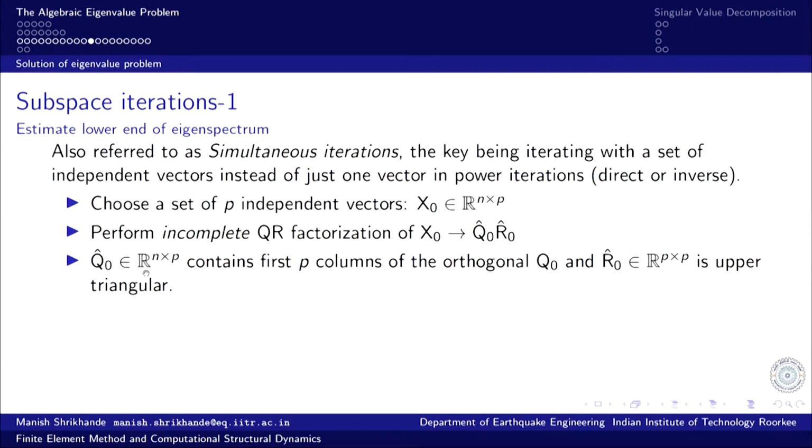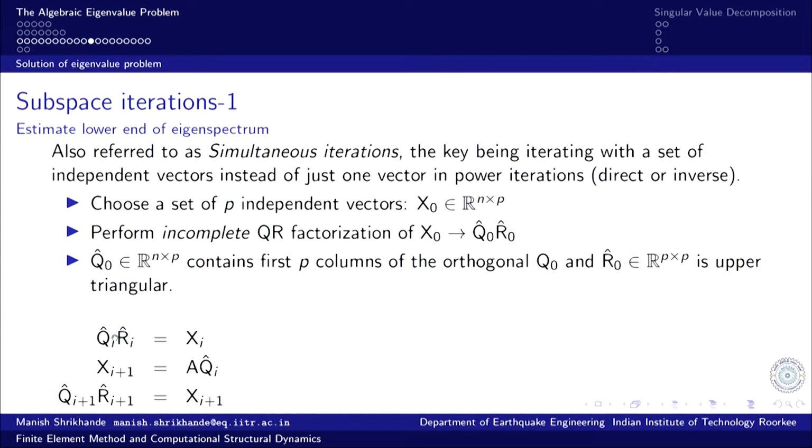So, q hat contains the first p columns of the orthogonal q matrix, and R hat is p by p, upper triangular, and the rest of the n minus p rows are all zeros. So, q 0 is the orthogonal n by n matrix and q hat is the first p columns of this orthogonal matrix.